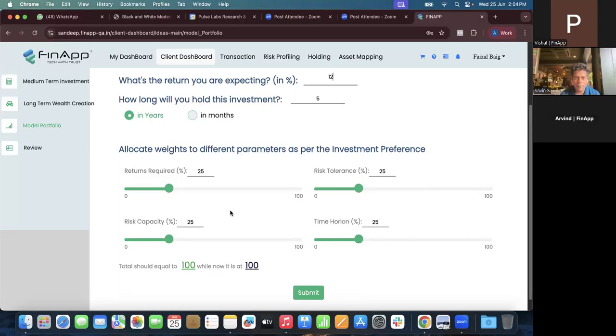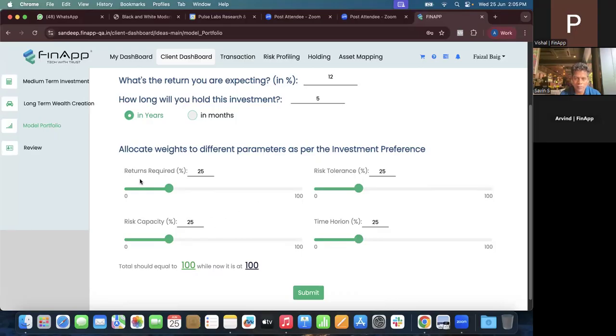He will always be thinking of what to do with this money. He will have something at the back of his mind where he wants to put aside that money for some particular reason, but immediately people don't take that call. So let us assume this guy has said, okay, for 5 years I don't need this money, and I'm looking at 12% return.